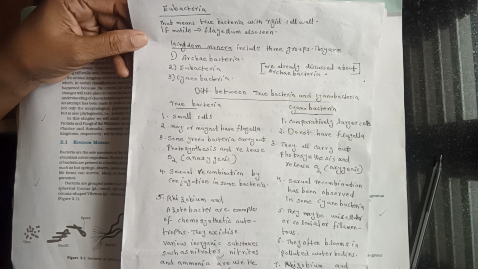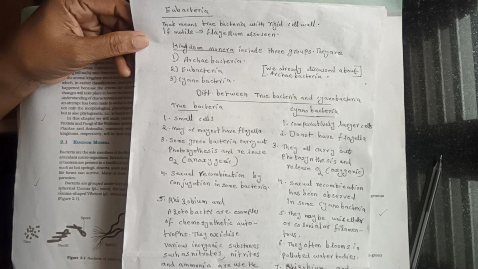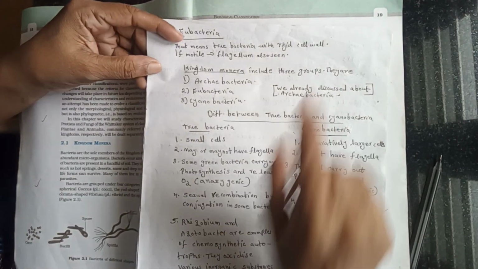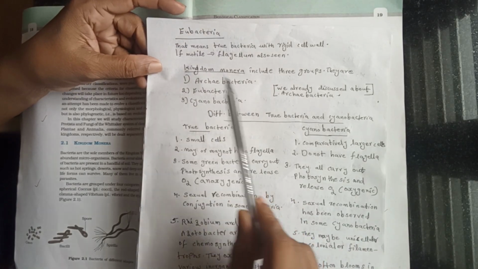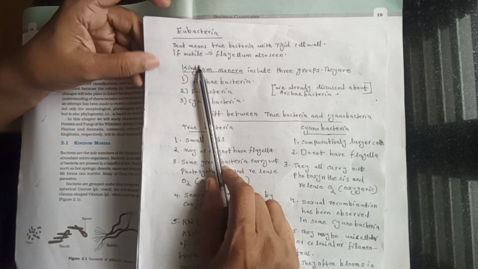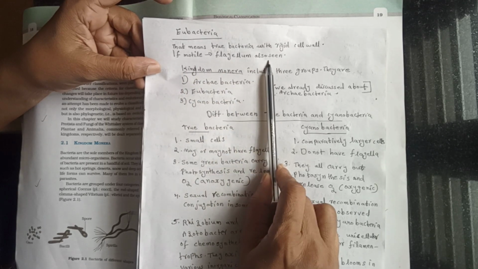Next category, eubacteria. What is eubacteria? Eubacteria means true bacteria. They have a rigid cell wall. Some members are motile and can move; if motile, flagellum is also seen.